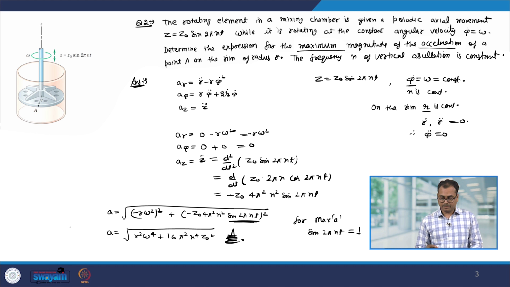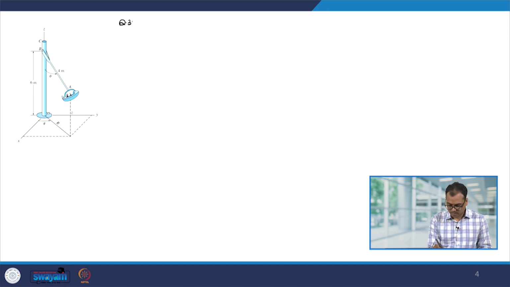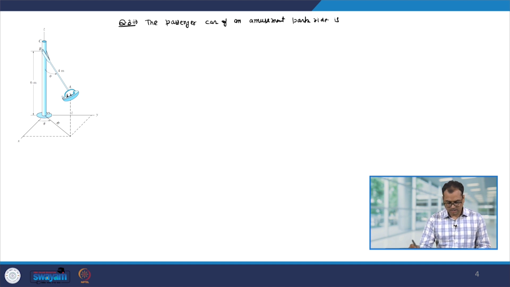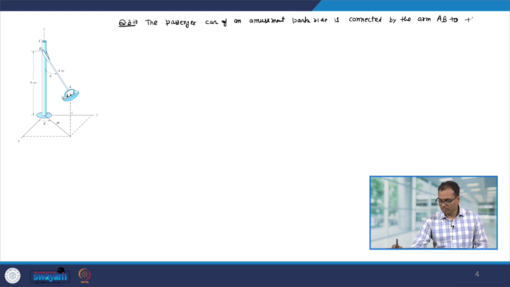Now let us look at another problem statement. The passenger car of an amusement park ride is connected by an arm AB to the vertical mast OC.